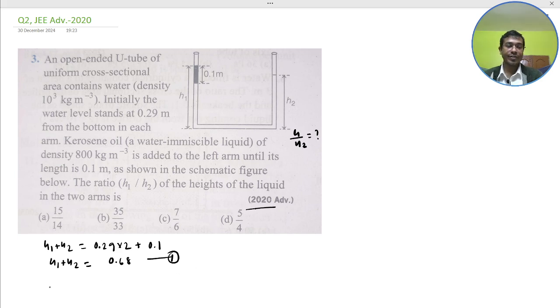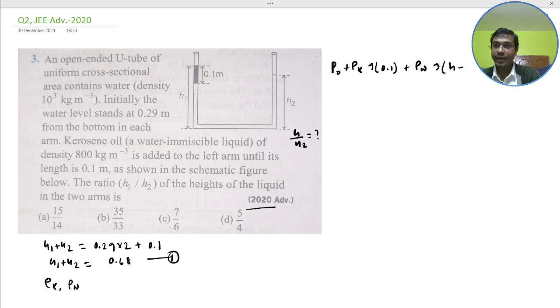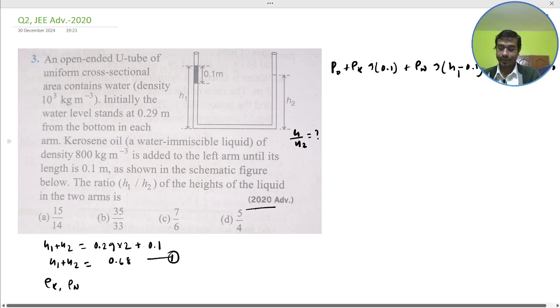And next, the kerosene density rho K and the water density rho W. So we just write here that P naught plus rho K g (0.1) plus rho W g (H1 minus 0.1) minus rho W g H2 is equal to P naught.